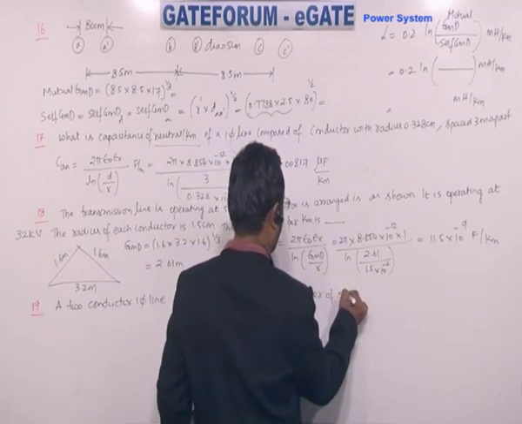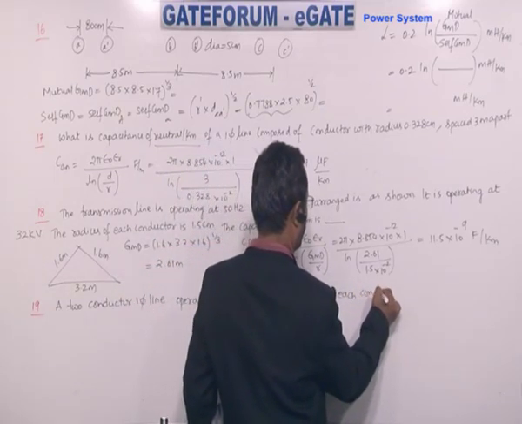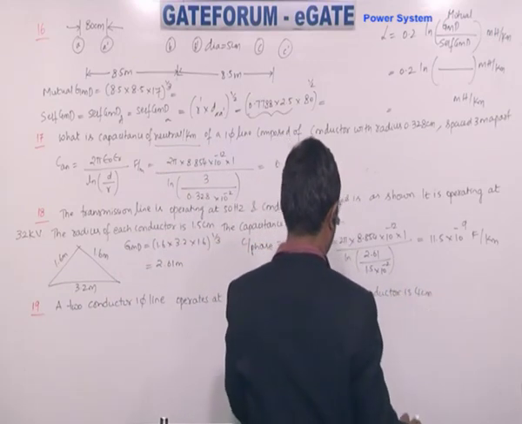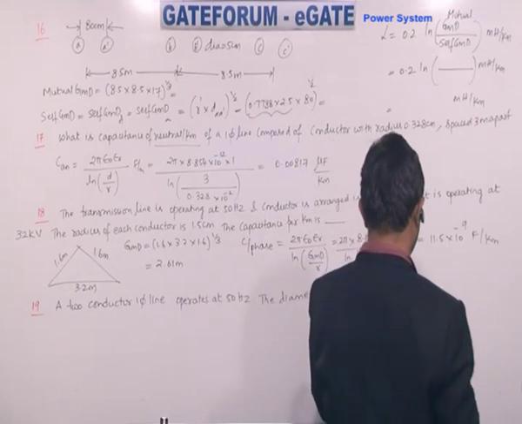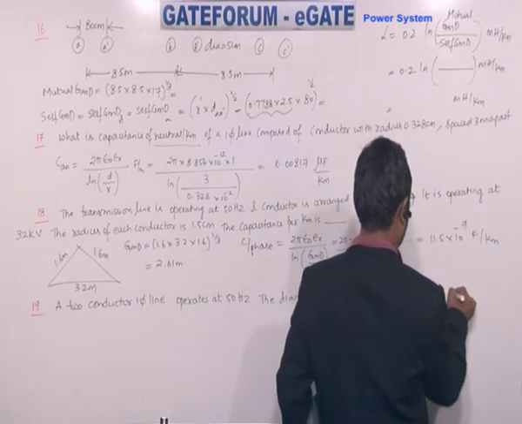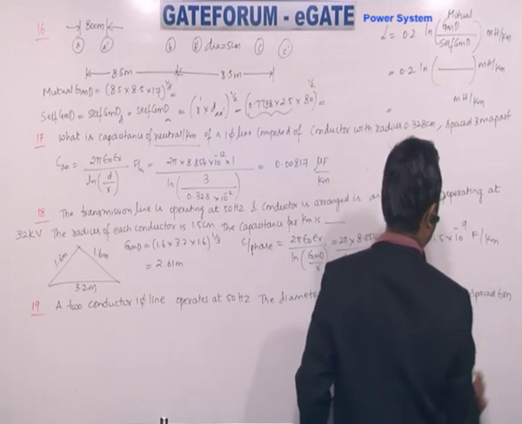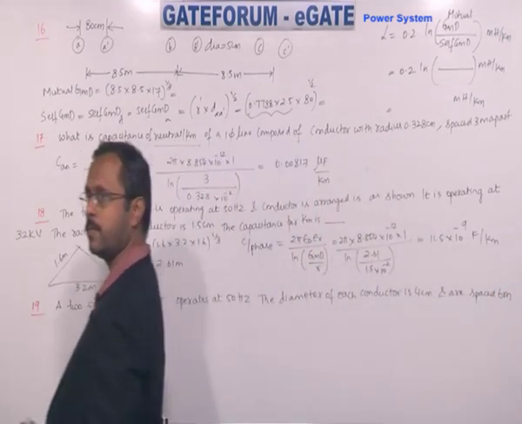The diameter of each conductor is 4 centimeters and they are spaced 6 meters apart.